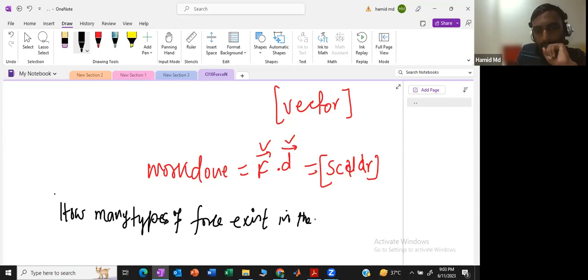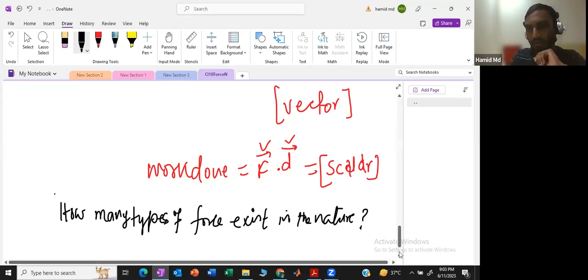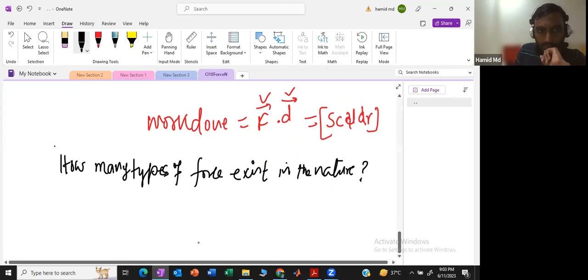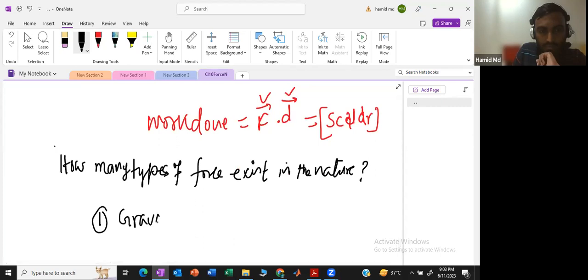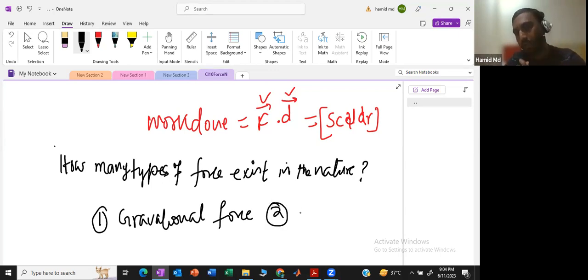Types of forces. There is the gravitational force. Yeah, good. There is magnetic force. Right, good. One is gravitational force. What about the other one? Magnetic force. Yeah, very good.